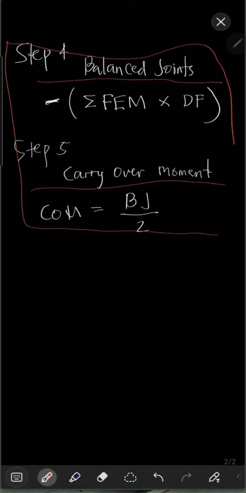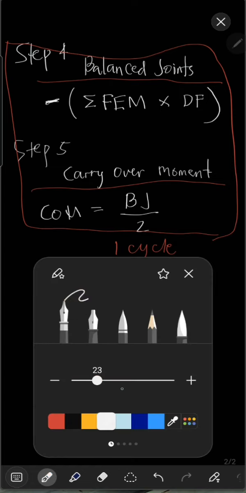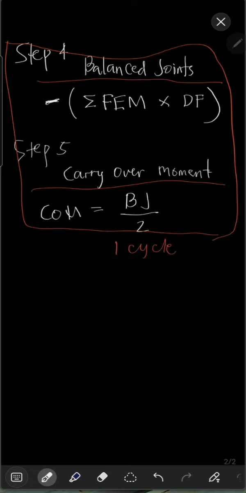This signifies the one cycle. Step 6. Okay, step 6. Just repeat the cycle. So there's cycle 2, cycle 3, cycle 4 na para makuha nimo ang yang more accurate nga value. Balik ka ni sa 4, next is 5.